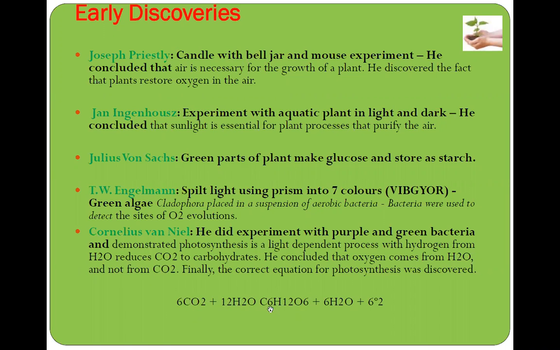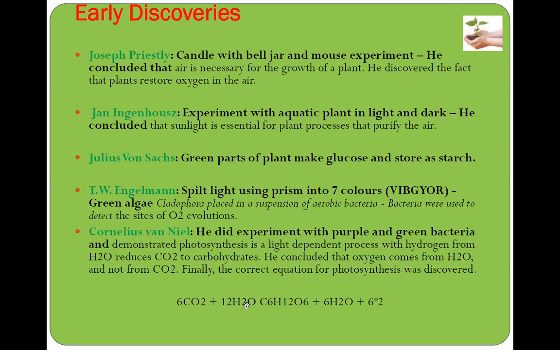So here you can see 6 carbon is balanced. H12 has come here, 6 into 2, that is 12. Here you are getting again 12 plus 12, that is 24, right? And here oxygen is also balanced. 24 oxygen should be balanced. 6 into 2, that is 12, plus here 6 is there, 12 plus 6, that comes to 18, right?